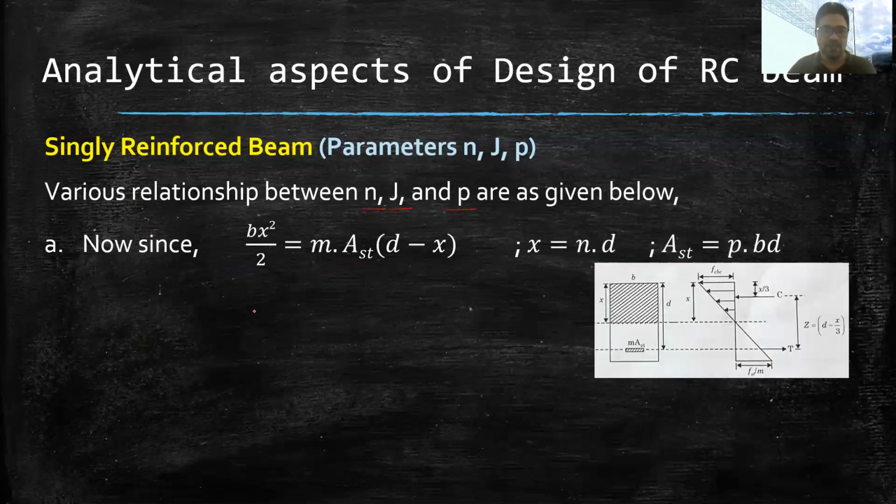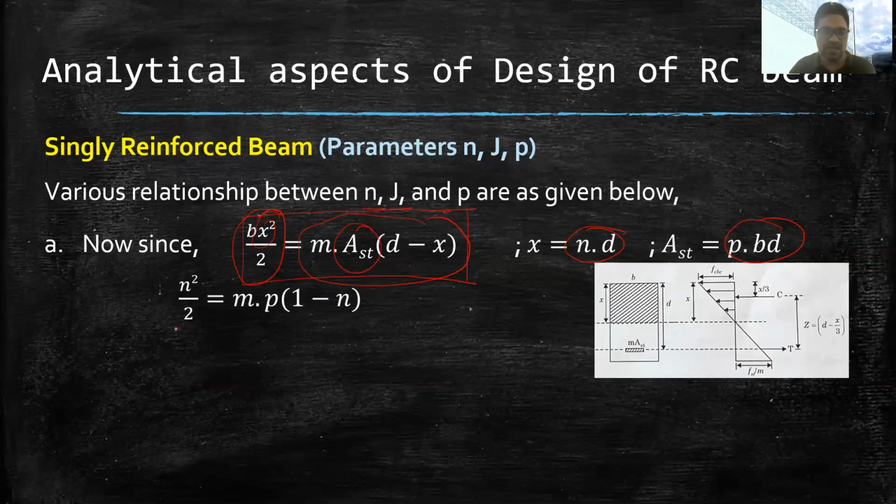You can remember that in the last-to-last part, we saw this relationship: this was the moment in compression about the neutral axis, and this was the moment in tension about the neutral axis. If in this equation we replace x by nd and Ast by pbd, then the equation will change like this.